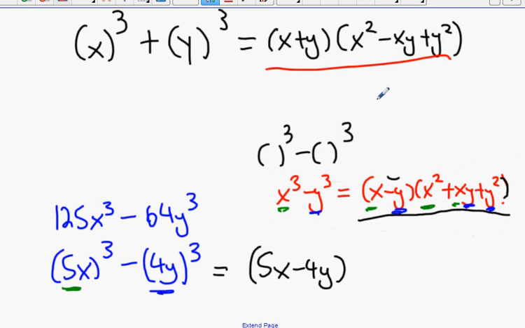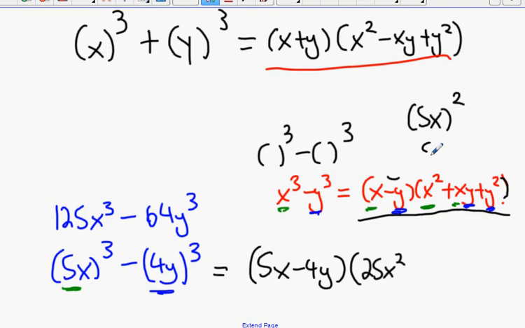That makes sense? Now, instead of x and y, I have 5x. Anywhere I see x, I replace it with 5x. Anywhere I see a y, I replace it with 4y. Does that make sense? You don't have y cubed, you have 4y to be cubed. So it follows the same pattern. Therefore, what's x squared going to be this time? 5x to be squared, which is 25x squared.